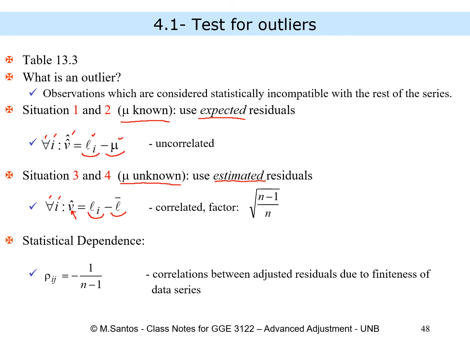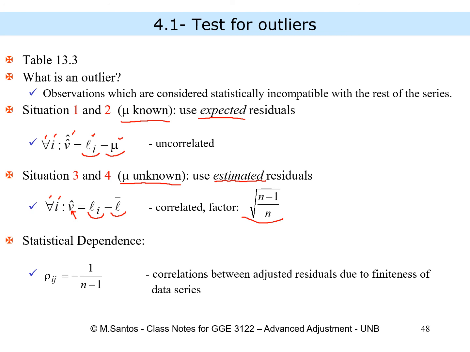Which means it's correlated, because the mean was derived from the observations that we are testing. The correlation factor is n minus 1 over n.